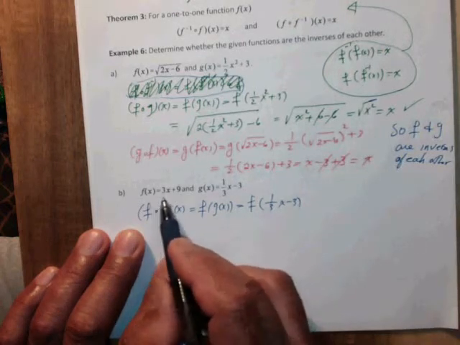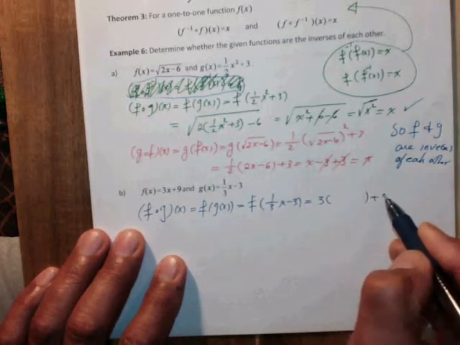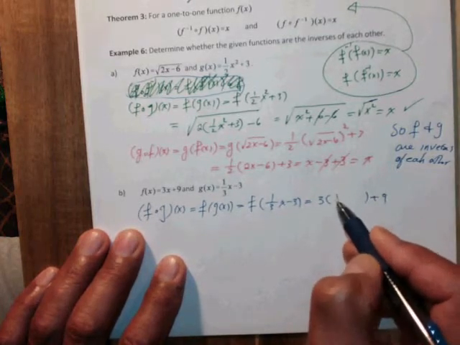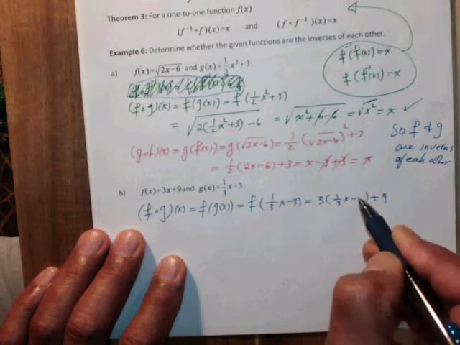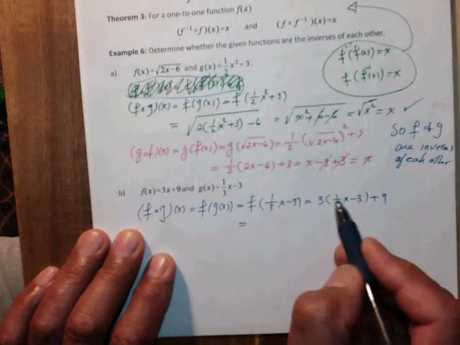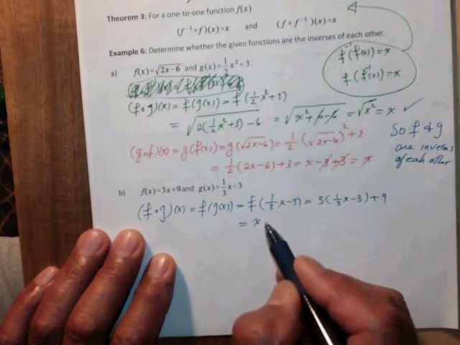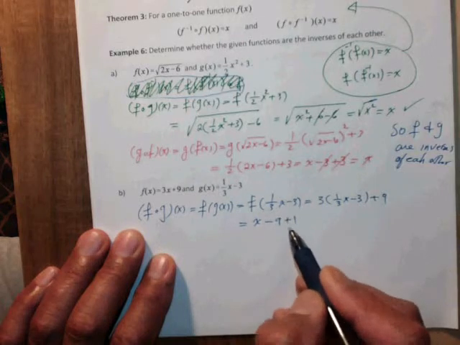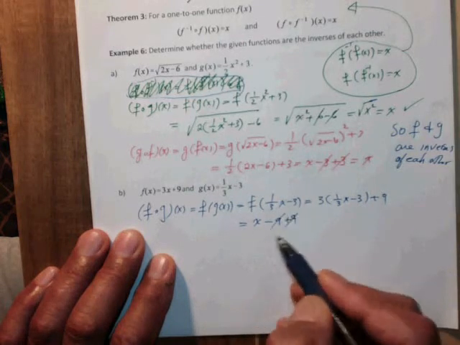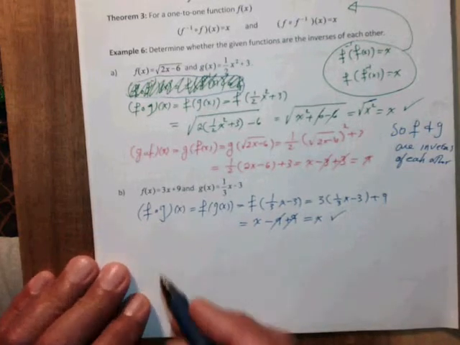So that means in f, which is 3 times x plus 9, replace this x by 1/3 x minus 3. Then distribute 3. 3 times 1/3 is 1, so you get x. 3 times negative 3 is minus 9, plus 9. The 9 and 9 cancel out, you get x, as we expected. Let's look at g.